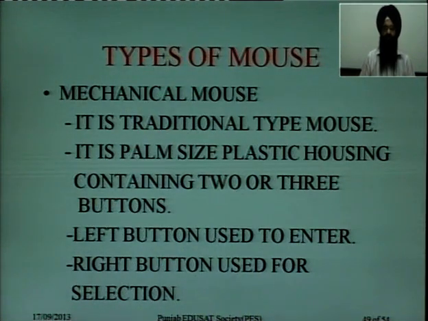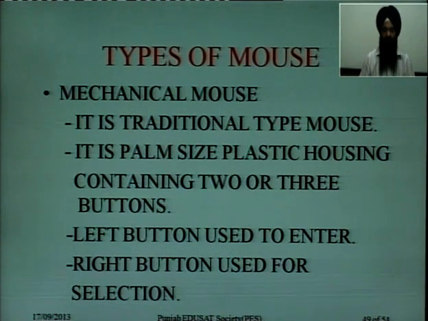The types of mouse are: the basic mouse, first of all, was the mechanical mouse, which is the traditional type. It is palm size, which easily fits in the palm of a human being. So it is a palm size plastic housing containing 2 or 3 buttons.